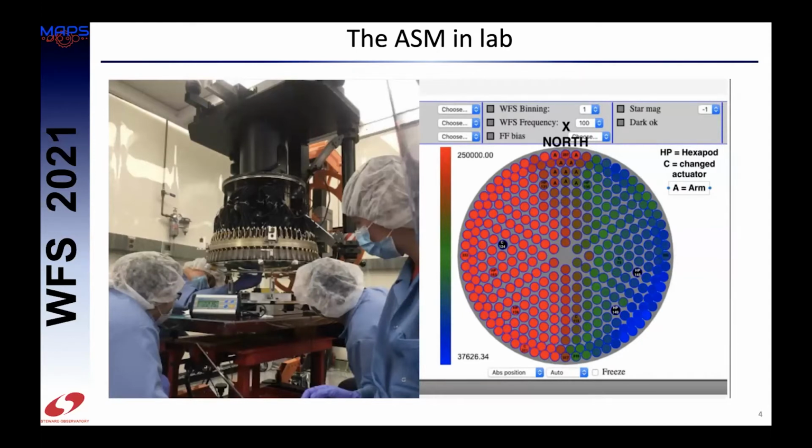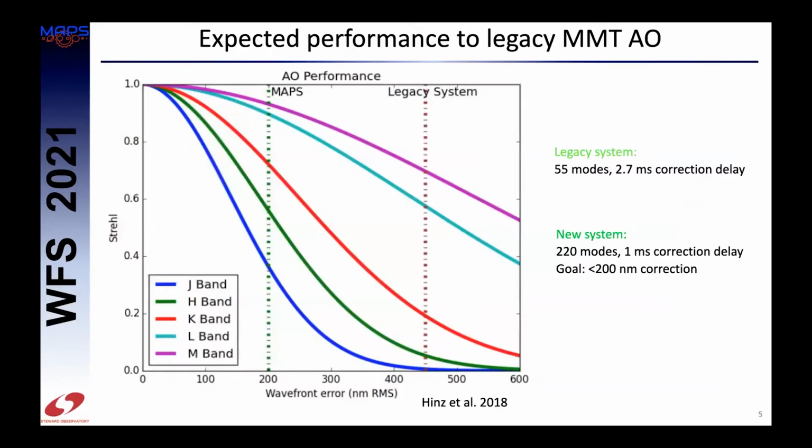This is the ASM in the lab under test using a test source. To give you a number, the actuator peak to valley is below 10 nanometers for each actuator. Our expectation is better performance than the previous system.